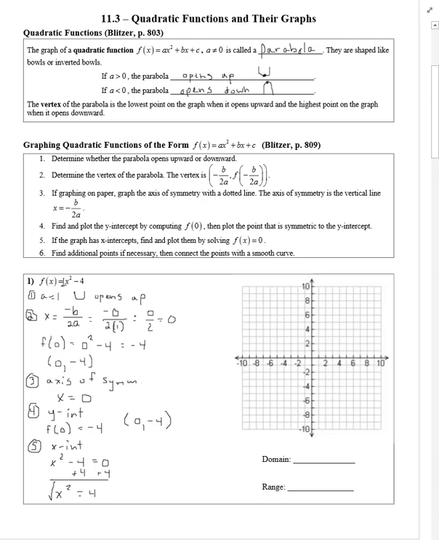And using the square root property, we have x equals plus or minus 2. So we have two x-intercepts, the point 2, 0, and the point negative 2, 0. So now we can graph these.